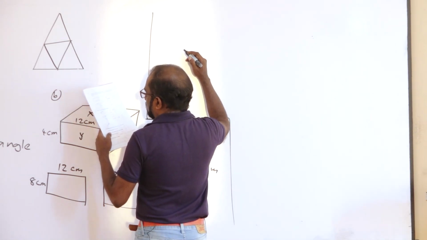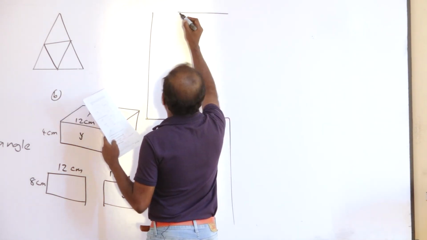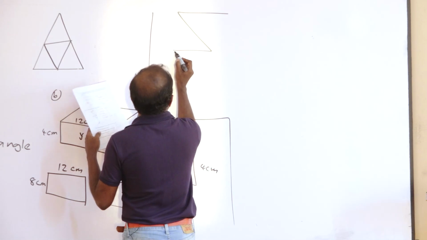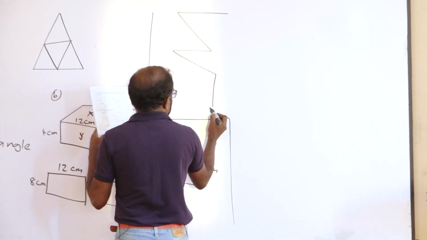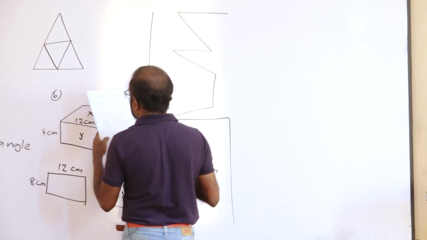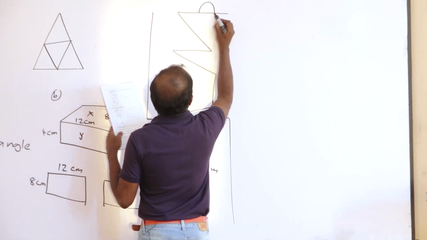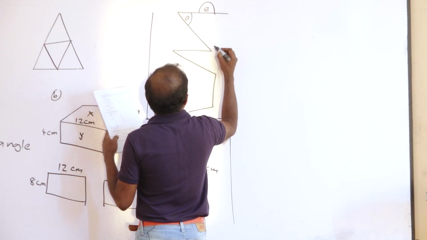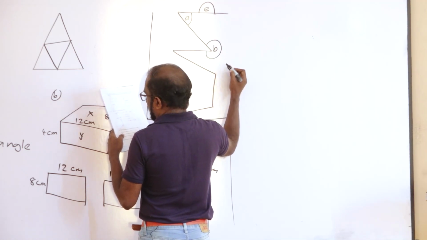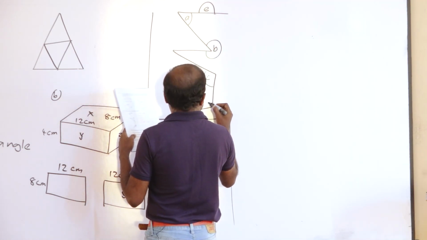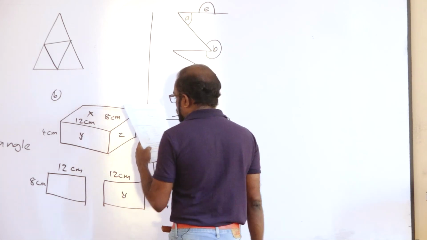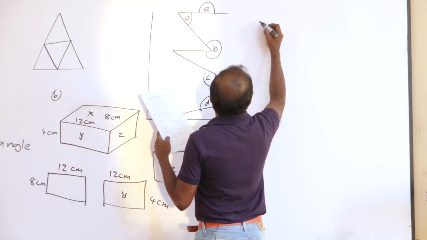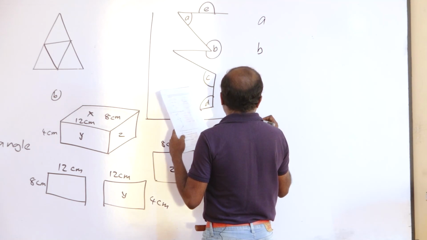State the type of the angle given in the diagram. The diagram shows different types of angles, marked A, B, C, D, E. You are asked to write the type of angle.